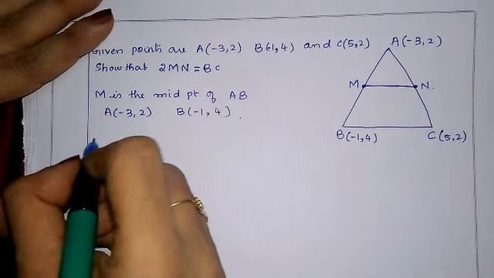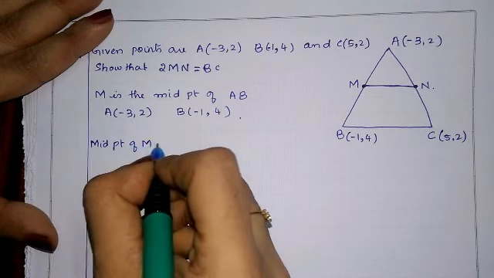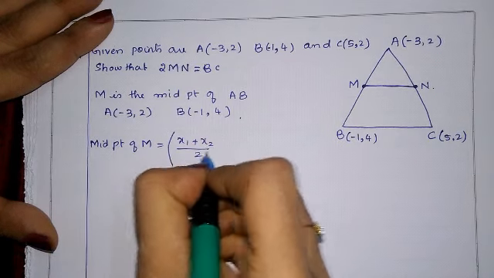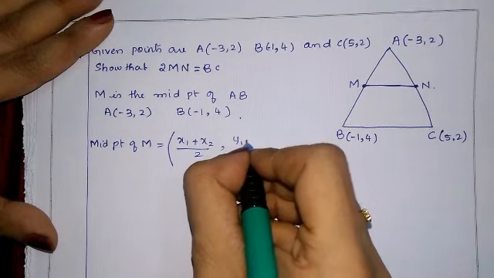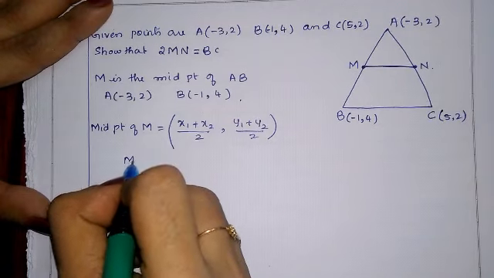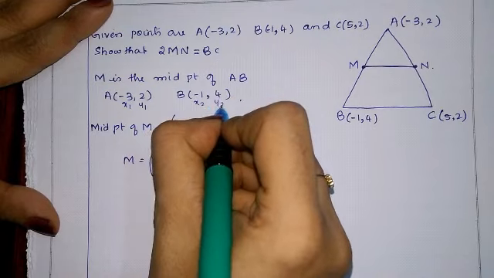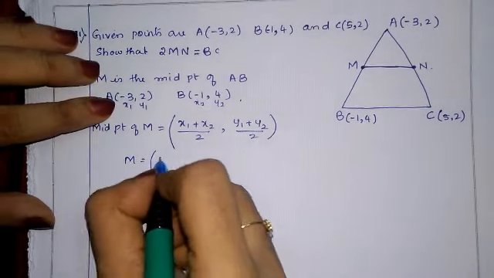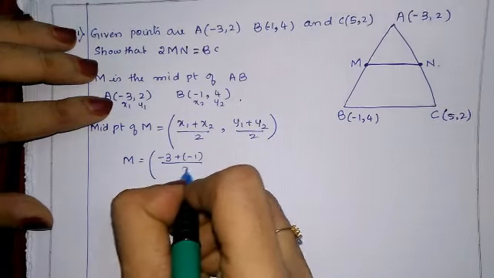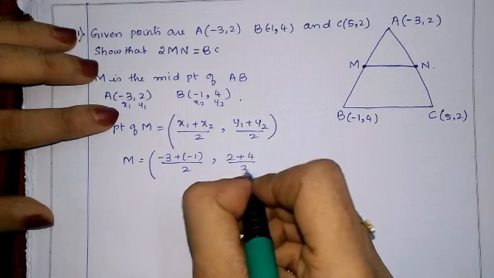So the midpoint M, by the midpoint formula, is ((x1 + x2)/2, (y1 + y2)/2). We know the midpoint formula. Therefore, point M with first point (x1, y1) and second point (x2, y2): x1 is -3 plus x2 is -1 over 2, comma, y1 is 2 plus y2 is 4 over 2.